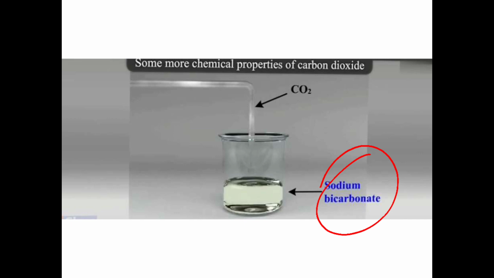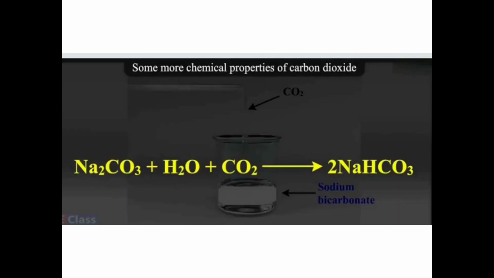That is sodium bicarbonate, okay? So what is the reaction? Na2CO3 plus H2O plus CO2 gives you 2NaHCO3. So these are some of the other chemical reactions जो हमारे डे टू डे लाइफ में काम आते हैं.